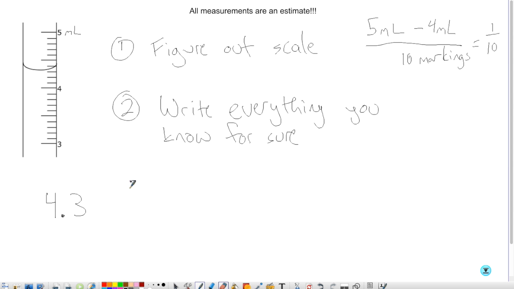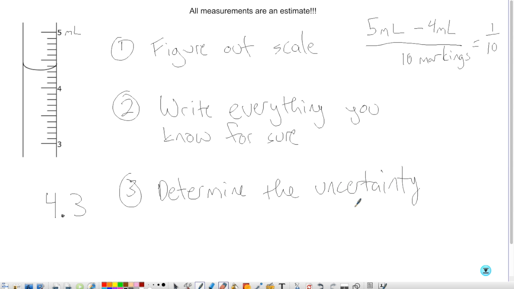So the next thing you're going to want to do is determine the uncertainty of the measurement. The rule of thumb is it's half of the smallest marking.